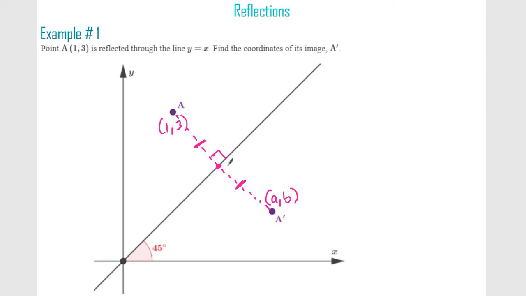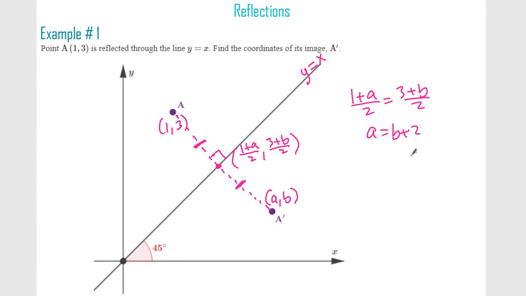So that point would be 1 plus a over 2, 3 plus b over 2, and then that is on the line y equals x. So 1 plus a over 2 equals 3 plus b over 2. Okay. We can rearrange that. We get a equals b plus 2.